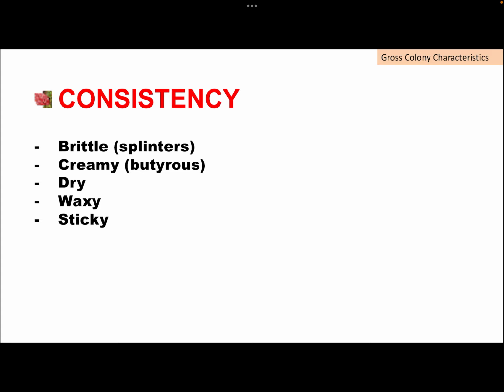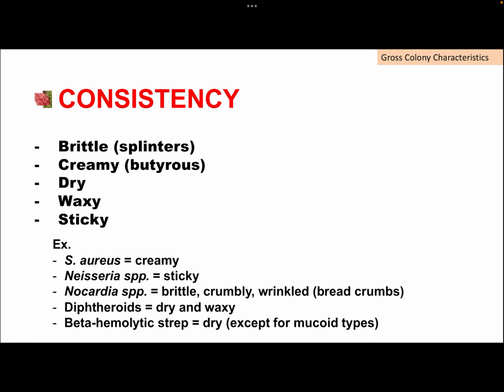You have different examples here, just like what I mentioned. S. aureus is creamy in consistency. Neisseria species are sticky, meaning when you touch the colonies with the inoculating loop, the entire colony adheres to the loop.